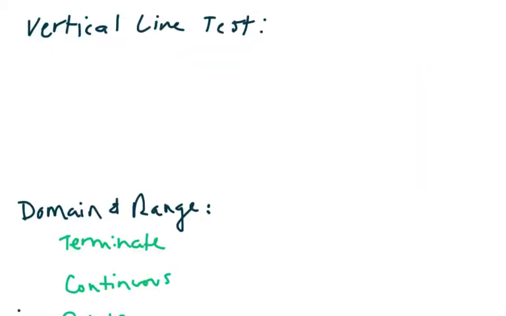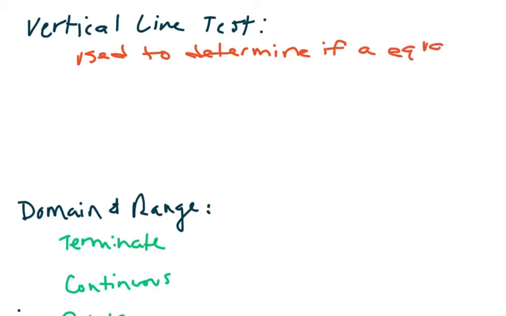What makes a function is this thing called the vertical line test. So again, up until now we've just been going with equations, but now we're going to talk about equations that can be special as functions.